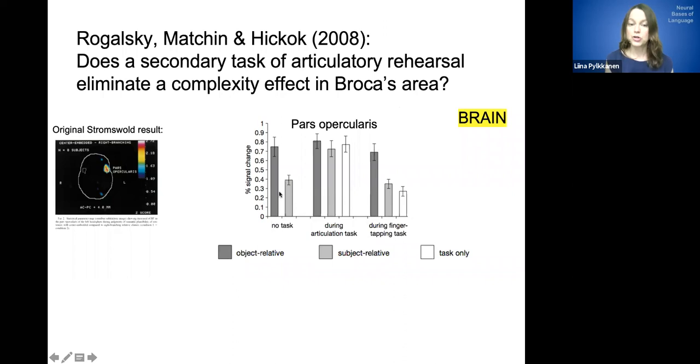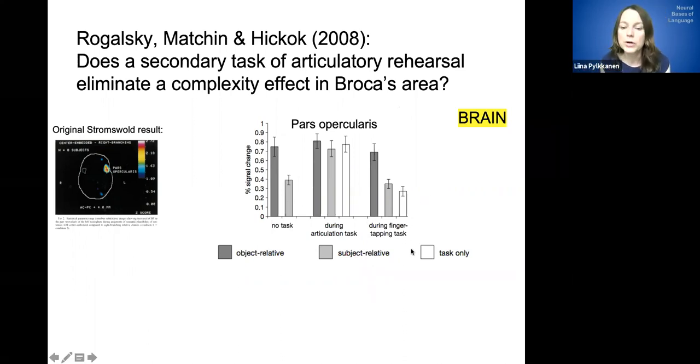And so here, the first two bars are basically the replication of that original result. So here, object relative elicits a higher activity in this area of Broca's region than the subject relative expression. So those are the easier expressions. No secondary task here. Okay.